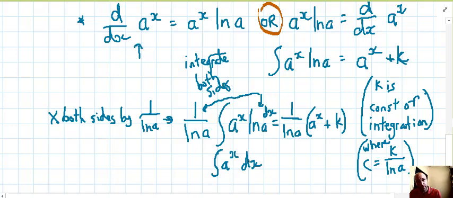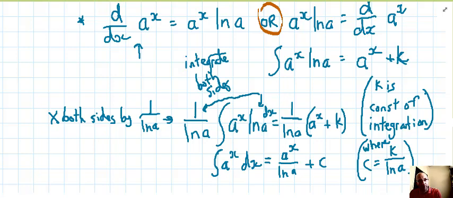So the integral of a to the x is what we have here on the right. And so we've got a to the x over log a plus c. Alright? So that's our final result there for the video.